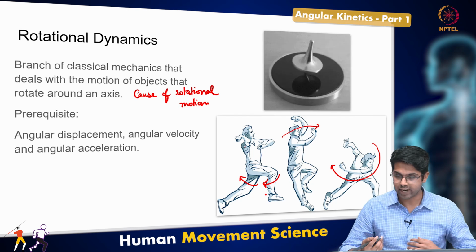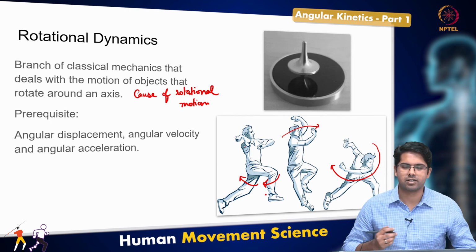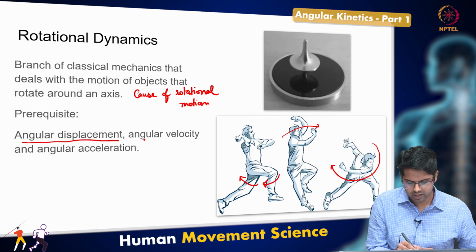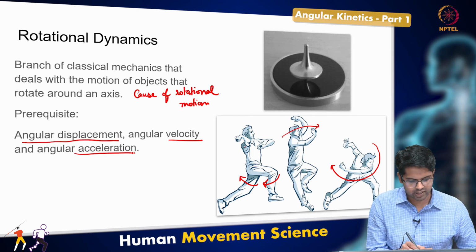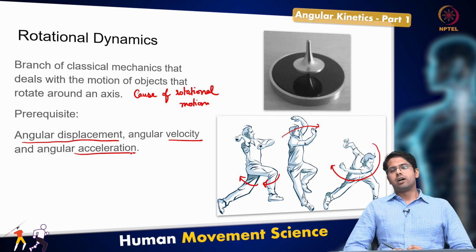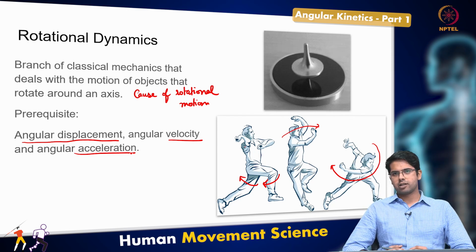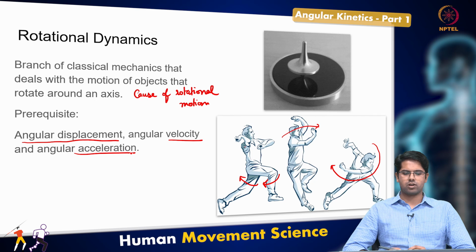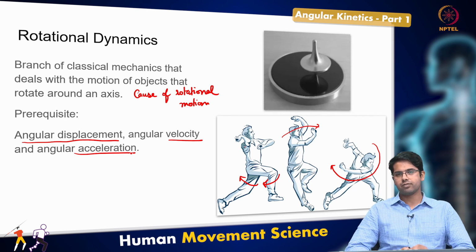Now, before we get to the dynamics, it is of utmost importance that you remember displacement, velocity, and acceleration. In linear kinematics, you have studied displacement, velocity, and acceleration, and the same way you have studied it for angular quantities and how to measure them. So this will be required for doing any computation in this field.